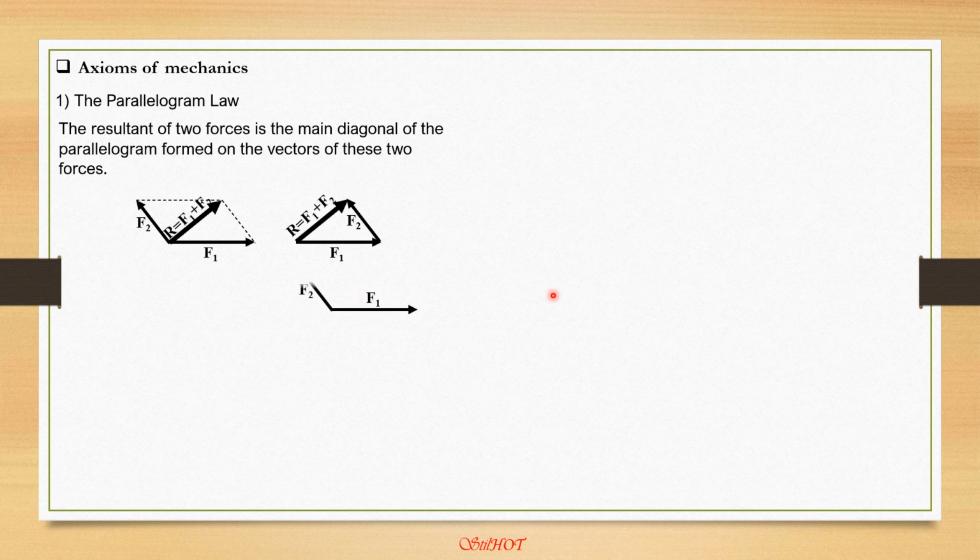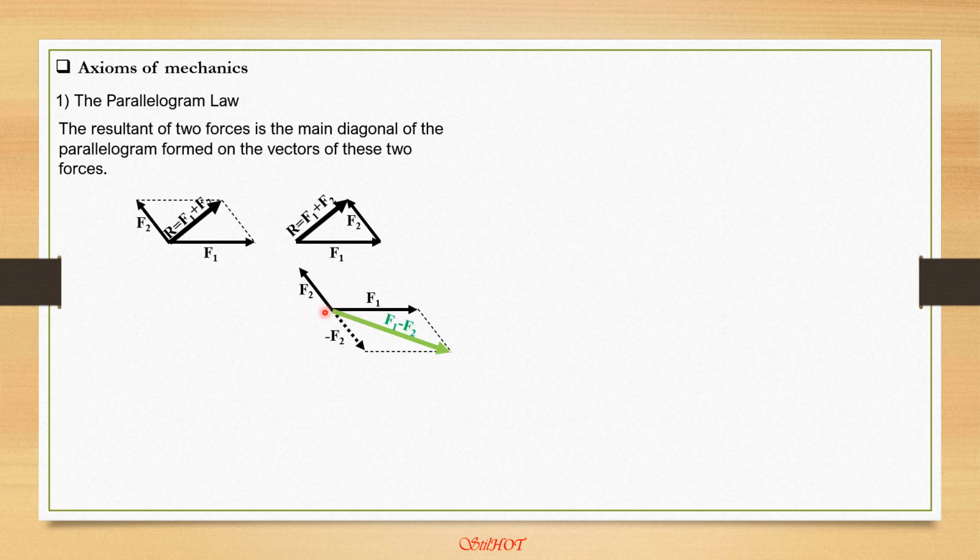So if this is F1, that is F2, take note that the negative of F2 is the same vector except that it is directed opposite to F2. So this is the negative of F2, and if we form a parallelogram again, then this diagonal from the tails of the two forces to the opposite corner of this parallelogram is simply F1 plus negative of F2.